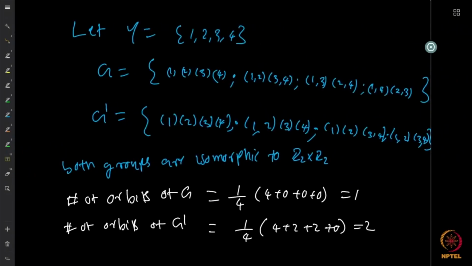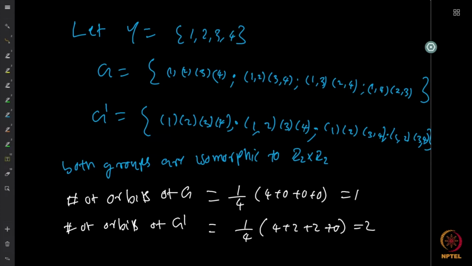You will see that you get 4 plus 0 plus 0 plus 0 for the action of G. On the other hand, the number of orbits of G' is 1 by 4 into 4 plus 2 plus 2 plus 0, because in the cycles (12)(3)(4), the two elements 3 and 4 are fixed.